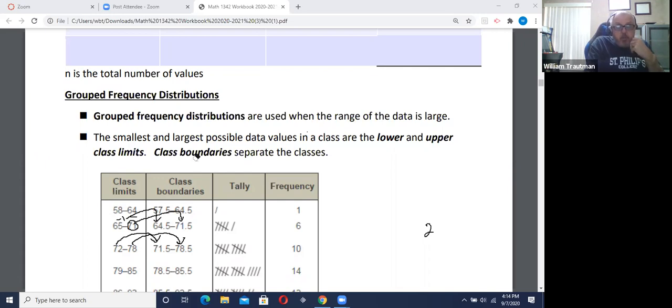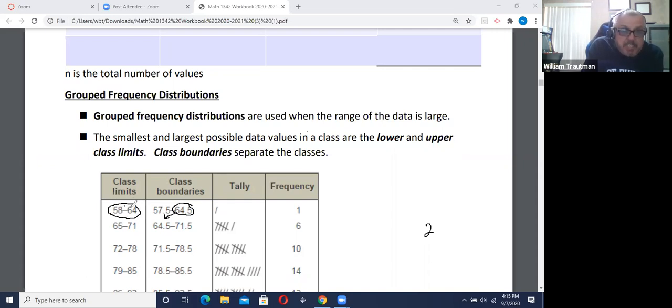Now, there's another way of looking at this, and we're going to actually do one of these here in a little bit. But look at the class boundary here. If 64.5 is the upper boundary, then it's also the lower boundary of the next category. That's not like that in class limits. Class limits is trying to get the data in each category. The data 58 to 64 goes in this category, this limit.